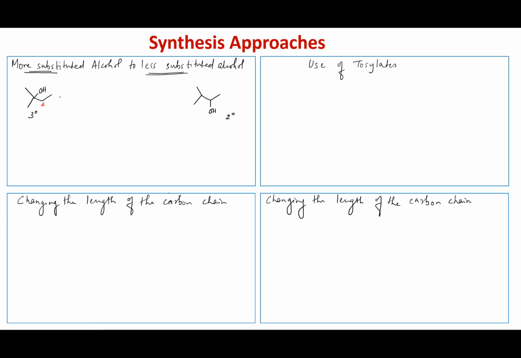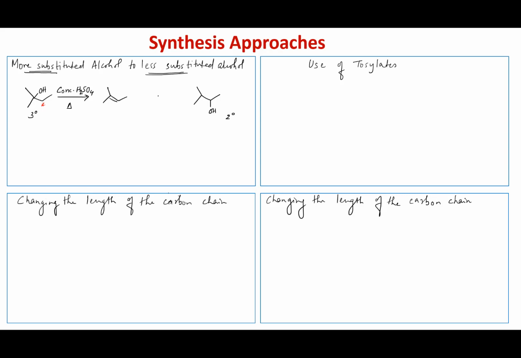So one of the approaches that can be used is to do a dehydration reaction on this tertiary alcohol. The dehydration can be done using concentrated sulfuric acid and heat. If I do this reaction, I'll get this alkene product. And by doing this reaction, notice how I've installed a double bond that involves the secondary carbon where I would like to install that hydroxyl group.